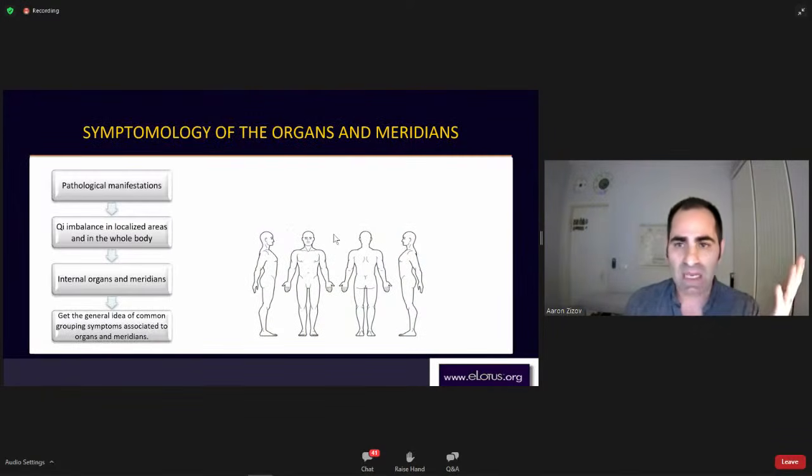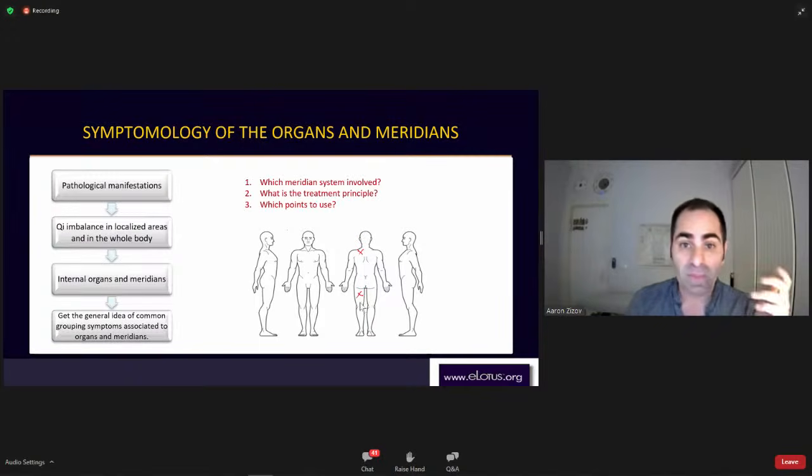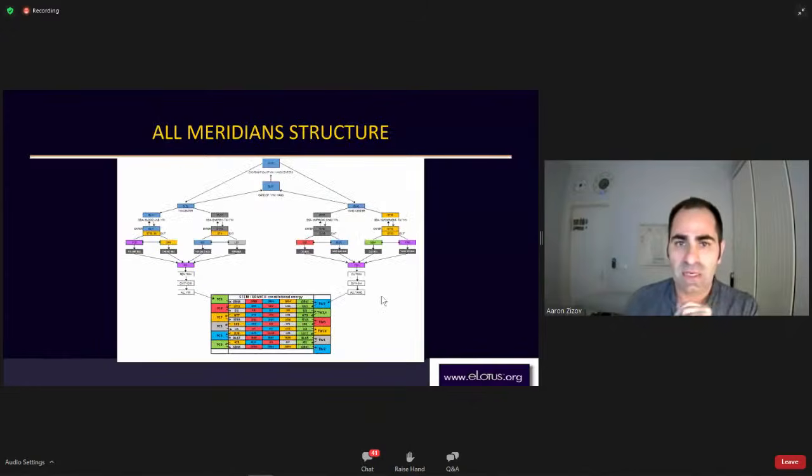When a patient comes to me, I will ask him or her to write on the questionnaire what the problem is, even to mark it on the body, whether it is here or here. I want to understand, first of all, which meridian system is involved, what treatment principle, and which points to use. Okay, simple.